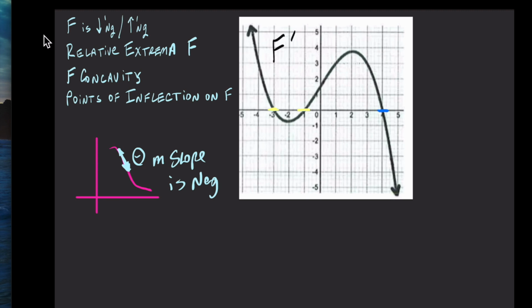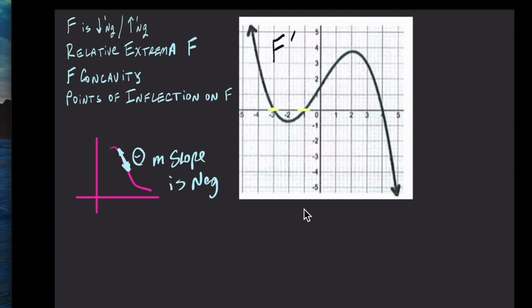To review, the parent function is going to be decreasing when its slope is negative. The negative slope is going to manifest in a negative y value on f prime. And recall, a negative y value on any graph means it's located below the x-axis.